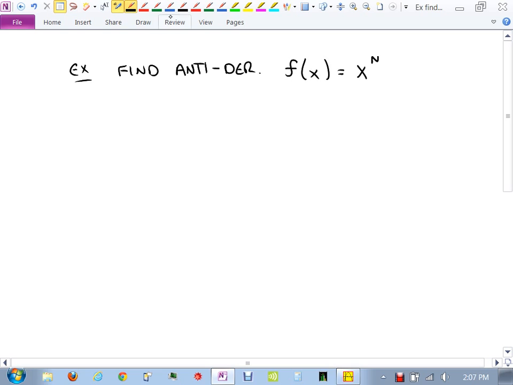What do we know about the antiderivative's power? It's one more than that, right? So it's n plus 1. That way, when I take the derivative, that power comes down by 1 and becomes an n, right? But how are you going to get rid of the power that's in front? Like the 6, we had to get rid of the 6 by dividing by 6. So what do we put in front of this then? 1 over n plus 1. Good.